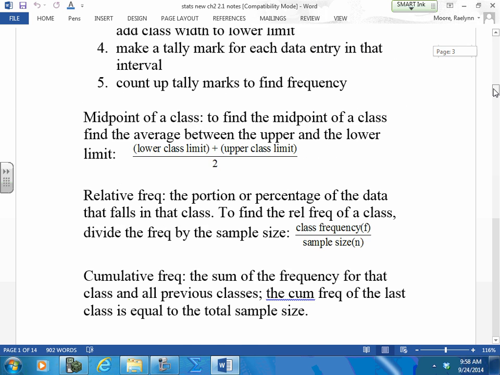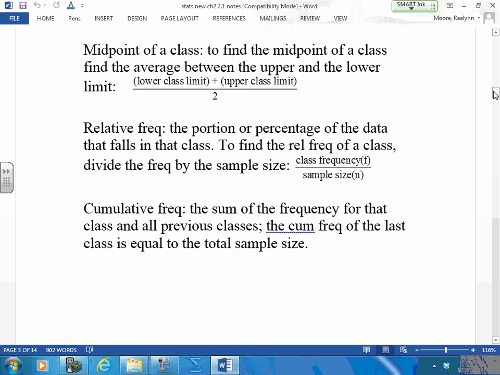All right. So the second part of this we're going to look at is your relative frequency part. Your relative frequency is just a proportion. It's a part over whole. That's all this is.